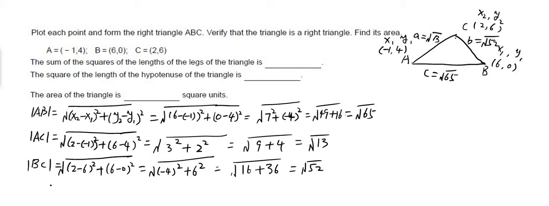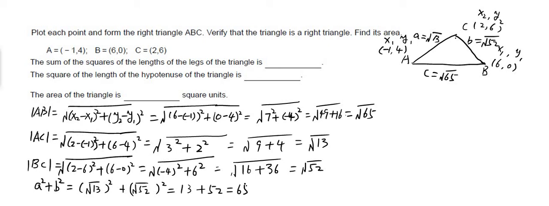Now we're going to check a squared plus b squared. We plug in square root of 13 squared plus square root of 52 squared. That boils down to 13 plus 52 equals 65 exactly. Equals what? We're going to check c squared, that is square root of 65 squared, and we find that is 65.